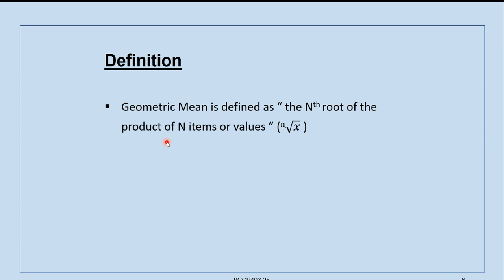So here, for example, two values are given, and when we are calculating the geometric mean, the calculation is done by multiplying these two numbers and taking the square root.